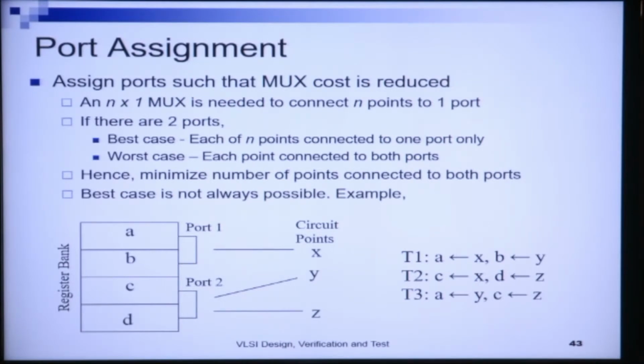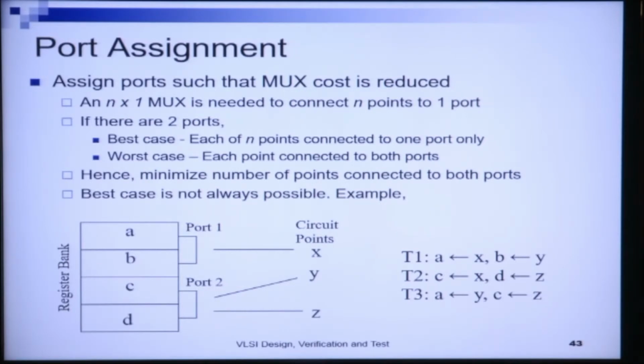Why? Let us consider 3 time points, and we have 3 register transfer assignments. In time step 1, we have the assignment A equals X and B equals Y. In time step 2, we have the assignment C equals X and D equals Z. And in time step 3, we have the assignment A equals Y and C equals Z. Let us say we use port 1 for this assignment A to X. So I put the value in X to the register A through port 1.